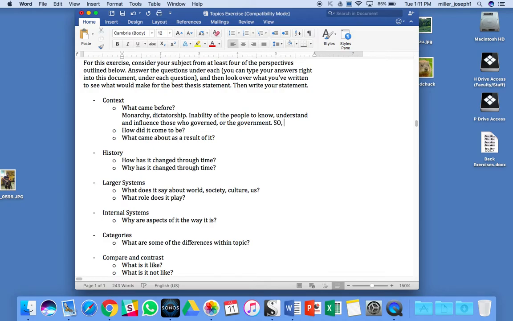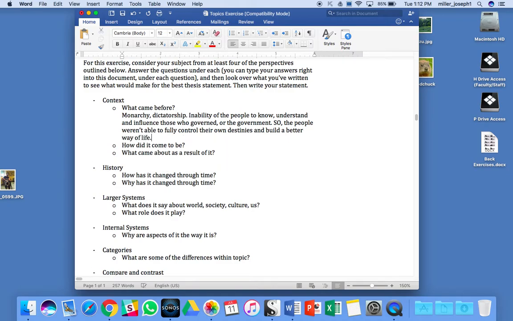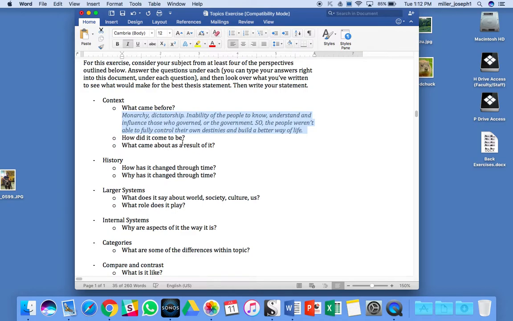So the people weren't able to fully control their own destinies and build a better way of life. All right, that's not bad. I'll go ahead and italicize that so that it stands out a little bit.